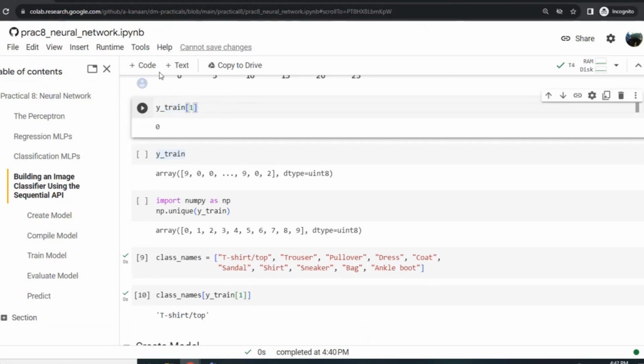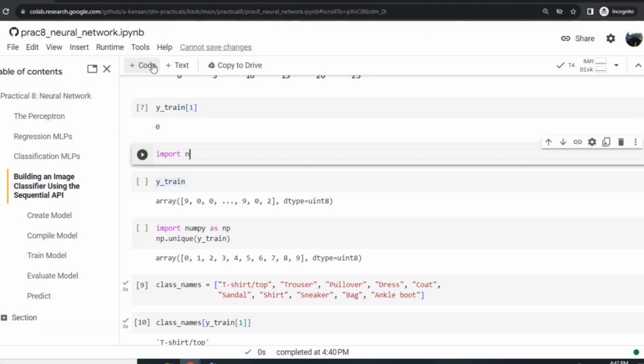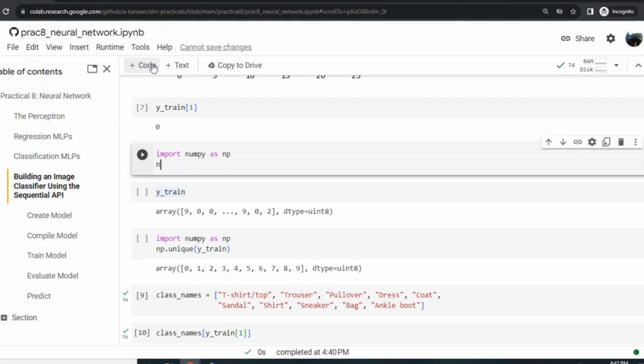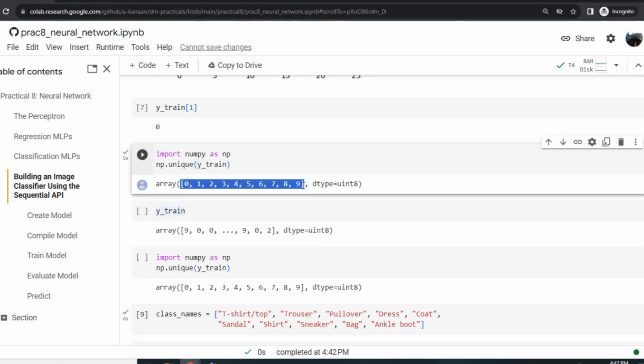So if we call NumPy unique on y_train, how many unique values do we have? 10. 0 up to 9 means we have 10 values. So this gives us the number of classes. Since the number of classes is more than 2, it's not binary classification, but multi-class classification. Okay? Is it clear?